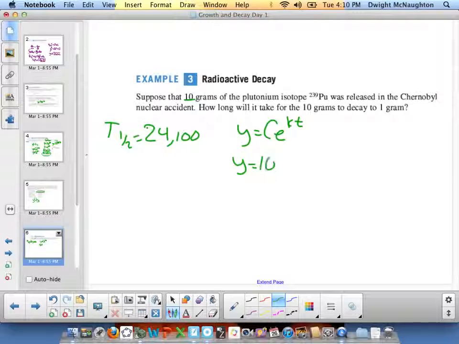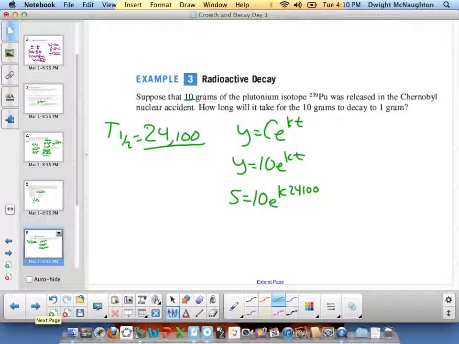So that's 10e^(kt). And half-life is 24,100 years, so 5 grams are left after 24,100 years. That'll allow us to find our K.